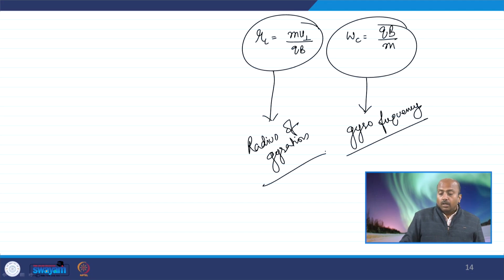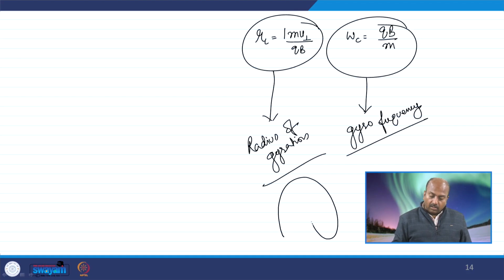Okay. Now, the radius with which the particle will circle in the presence of a magnetic field seems to be directly dependent on the mass. So, the more the mass, the larger the radius. The remaining things are going to be the same, right? So, ions will gyrate in larger circles and electrons will gyrate in smaller circles.